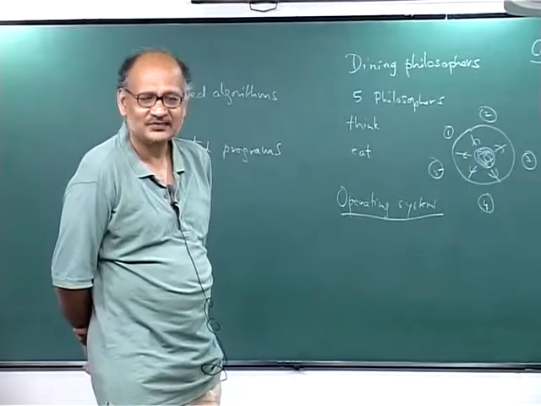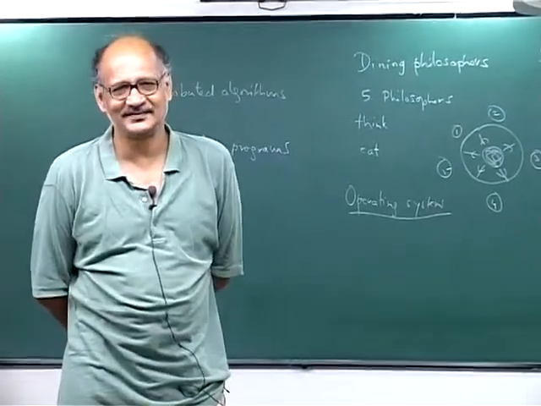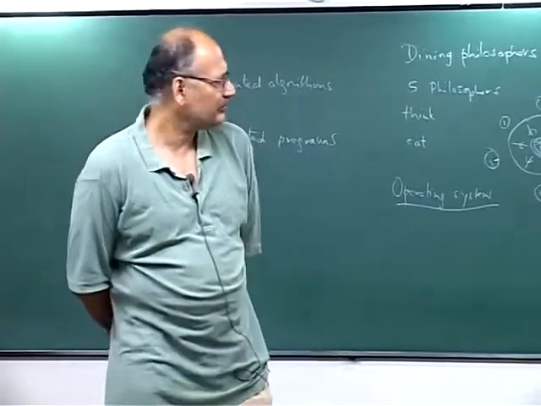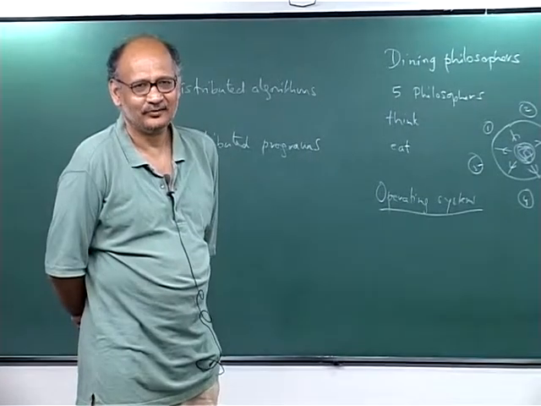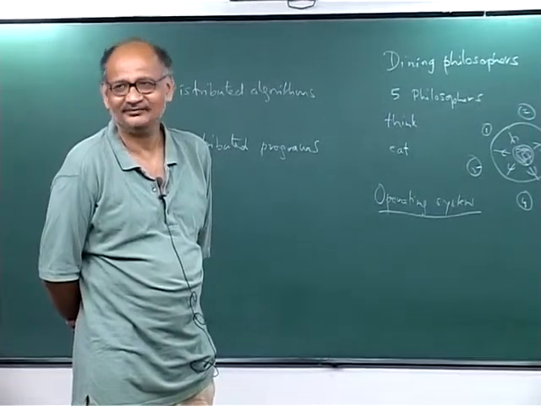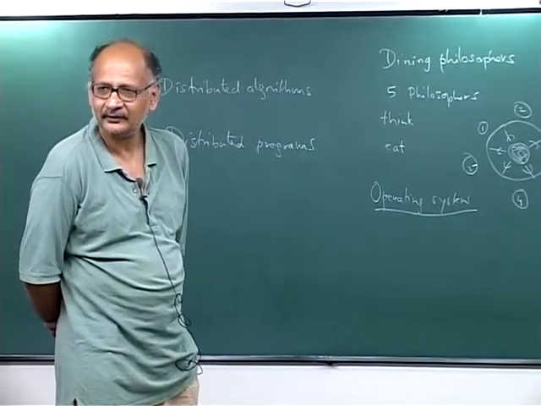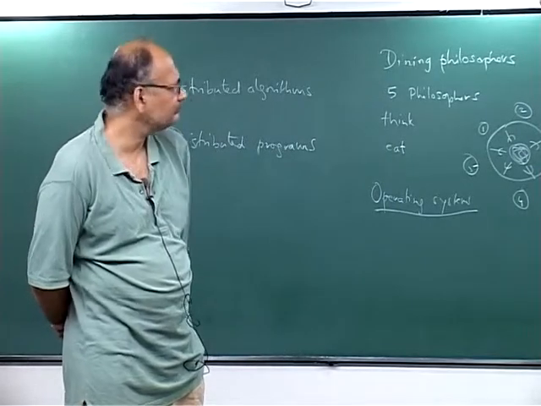So why is this not a suitable program? I claim that this is not good enough for the purpose of solving this problem. You have to do something if the fork is not available. So what shall we do?